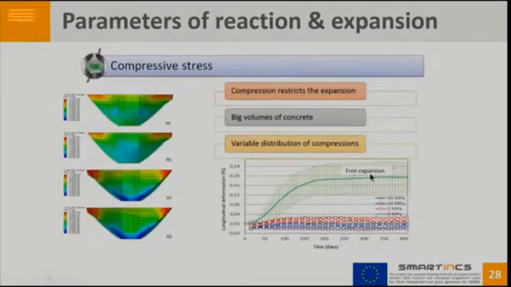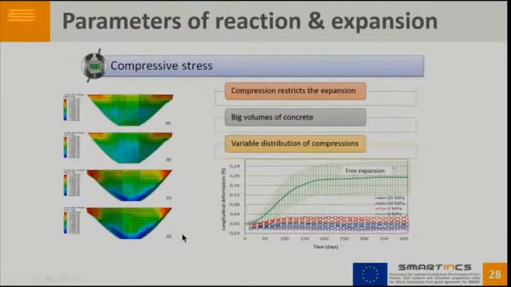You can see that here we have a very expansive concrete, but when we have loads in the lower part of, for example, the dams, the expansion is much smaller than the upper part with free expansion.